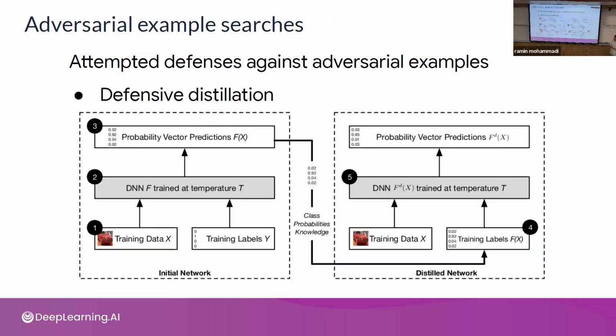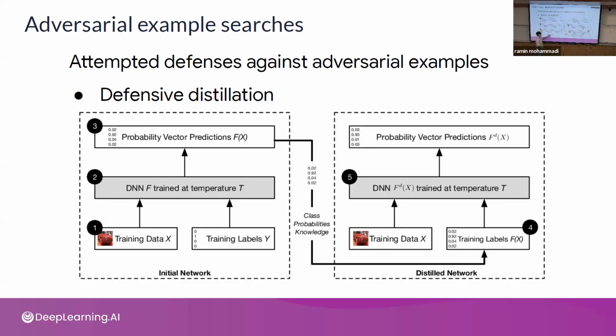Another way of ensuring that your model is not sensitive to adversarial examples is what we saw before, knowledge distillation, the teacher-student method. The idea, if you remember, was that you have training data labels, you develop a model with a certain temperature, and that model produces some probability vectors for the outputs.